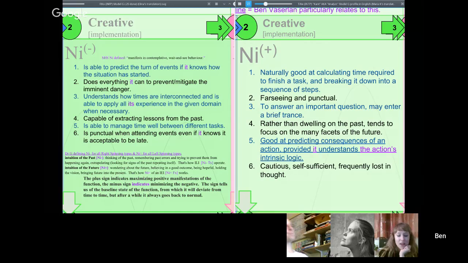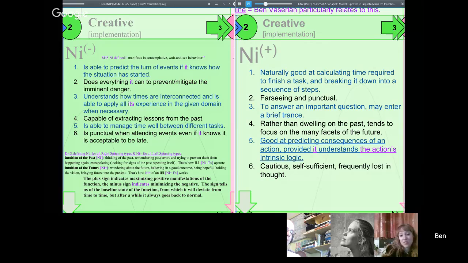Well, I'm definitely not very punctual at all. I'm trying to be sometimes, but it's not my primary focus. But if I compare it with NI minus, I would say that I do more foreseeing than actually doing concrete steps to prevent or get something, because the foreseeing is more mental. It's more in your mind.